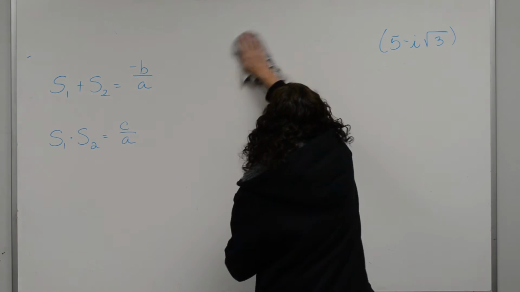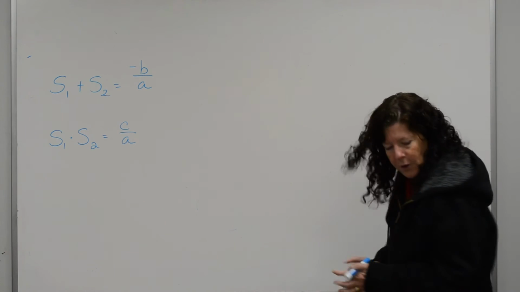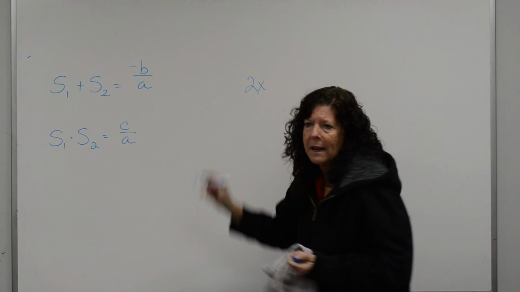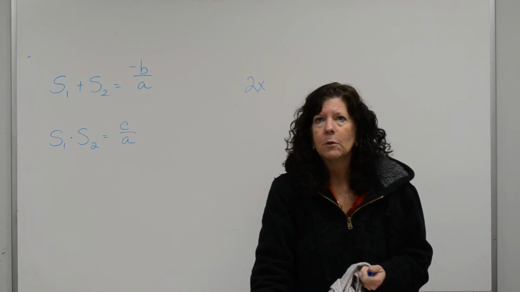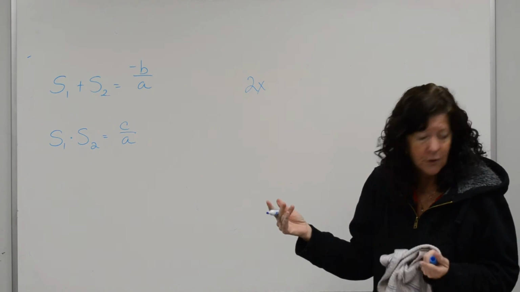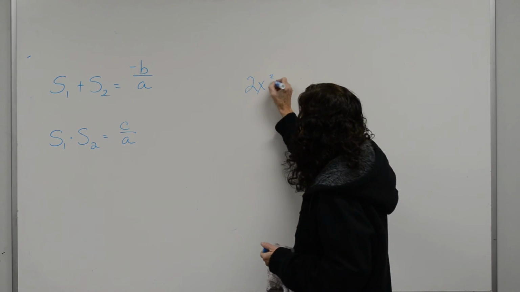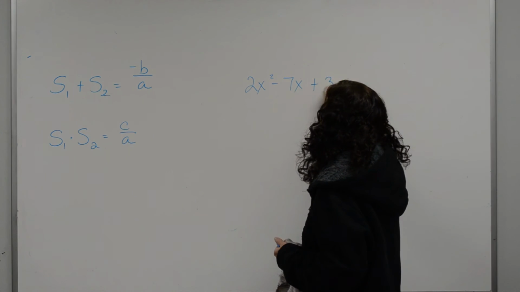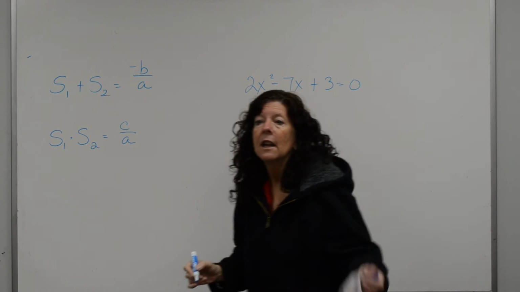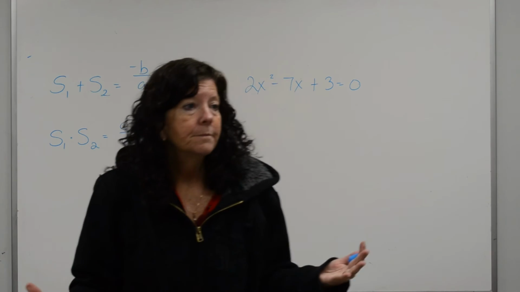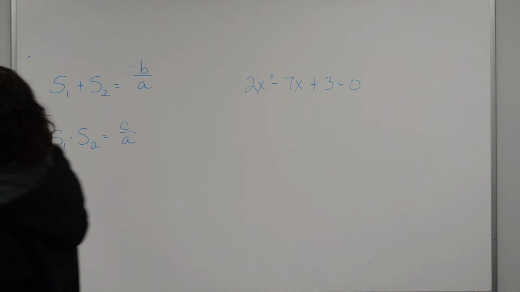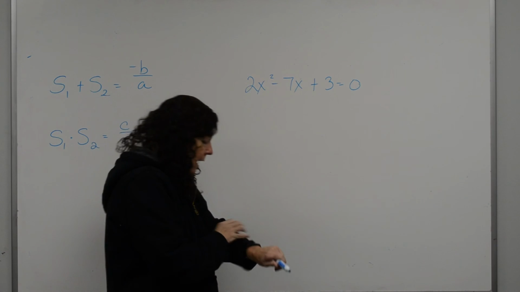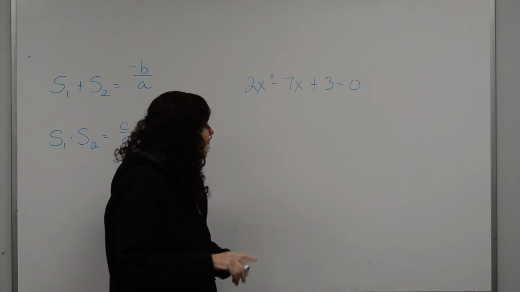They will give you an equation. They might have it equal to 0, or equal to y, or equal to f of x. Those are all equations, just different ways of writing it. So let's say I've got this, and they say solve, and then check by using sum of roots. Now, at this point, you have a choice.